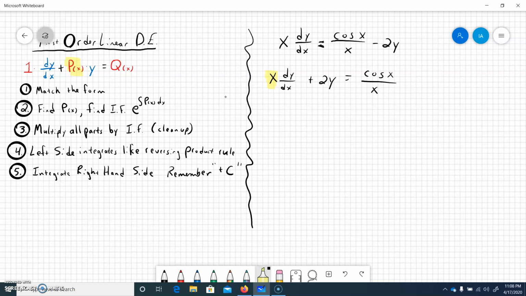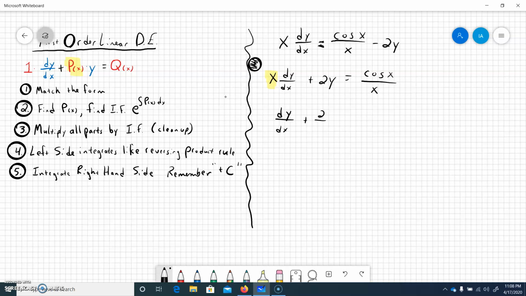So it's very tempting to just see the 2 in front of the y and call that your p of x and jump to your integrating factor. But let's work it out. So what we did here was, if we're matching the steps over here, this was step 1. We matched the form. Well, that's still not the match form, so let's mark that out. So we're going to divide by the x.